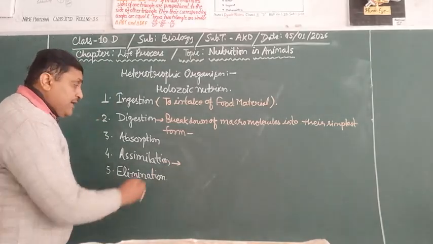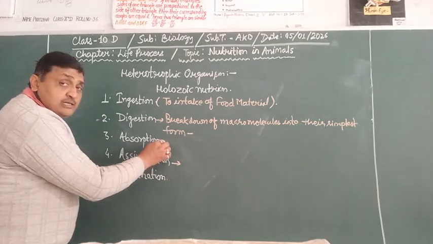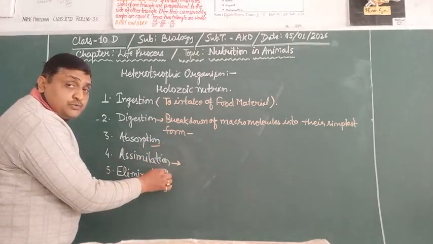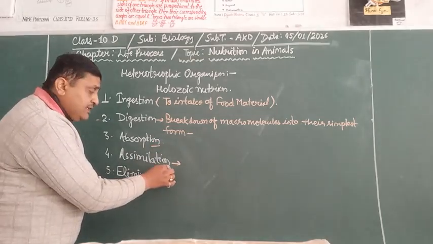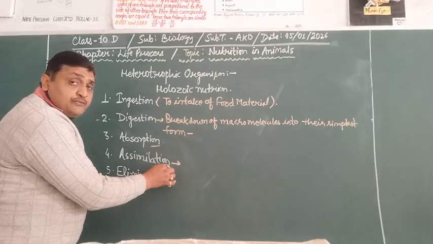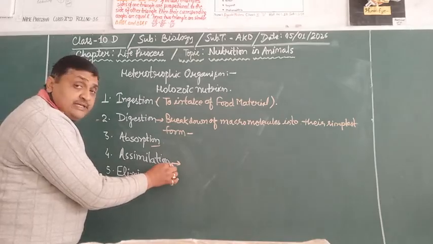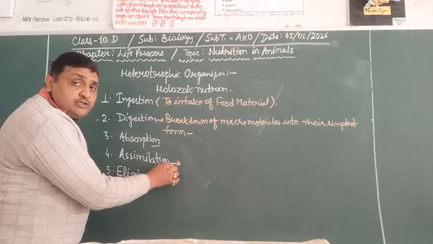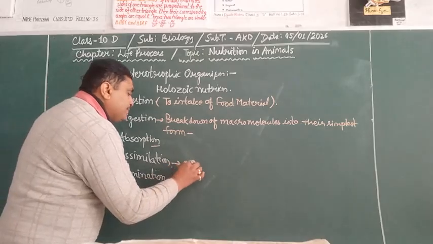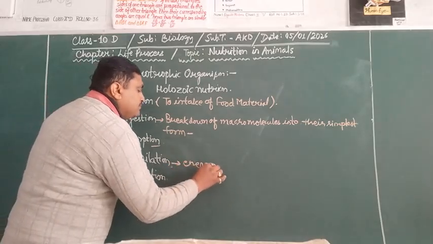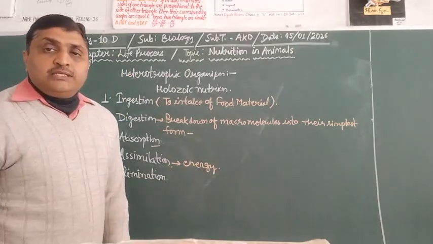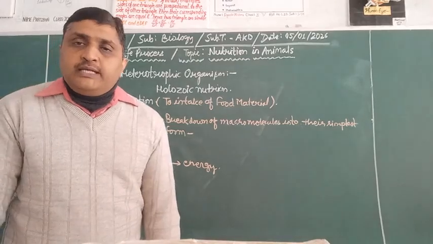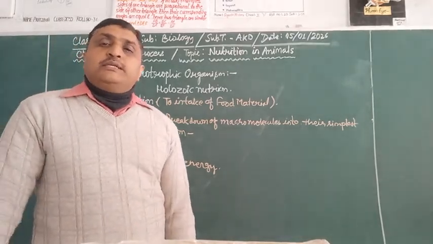Assimilation means that after absorption, the absorbed food material is transferred to the different cells in different parts of the body, and inside the cells the food materials diffuse from the blood to the cells, so that they are utilized to produce energy. That process is known as assimilation.